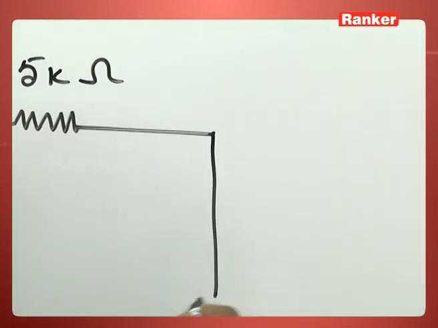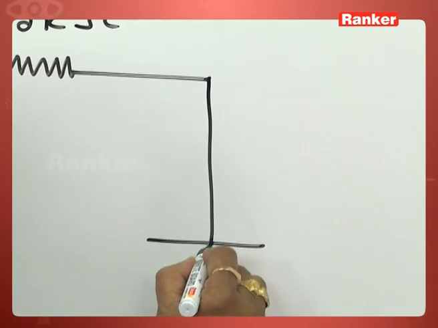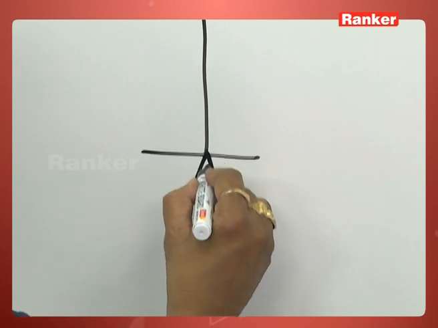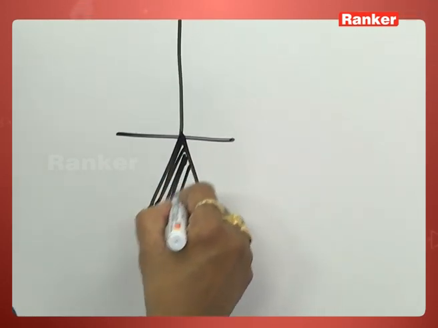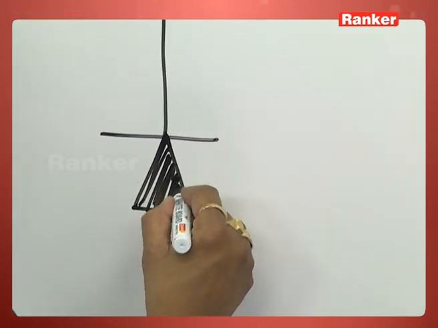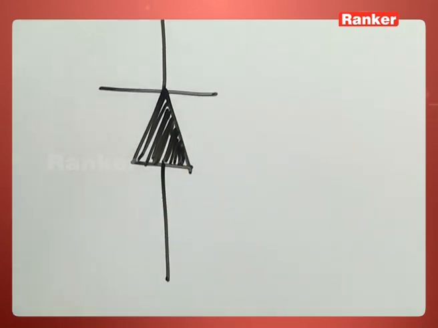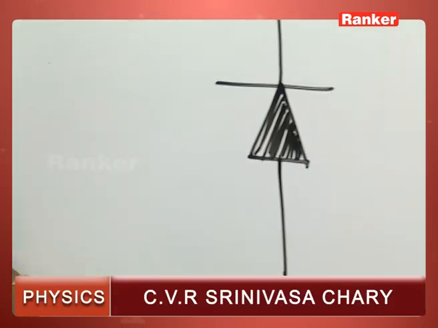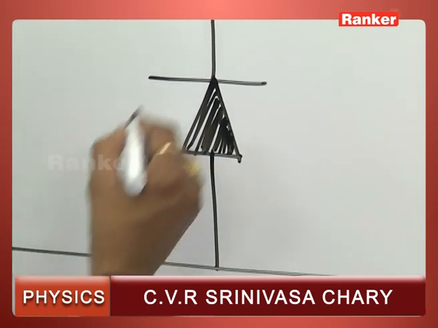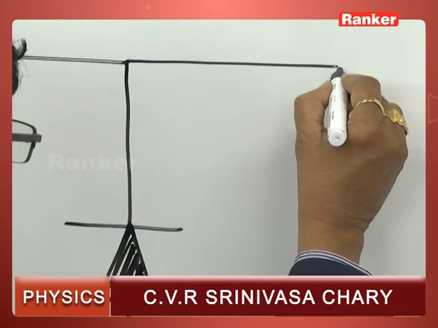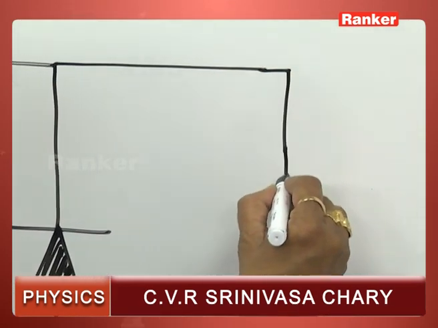And here is a Zener diode that is connected this way. This is the Zener diode what has been given to us. And of course, we have another resistance that is connected in parallel to this.